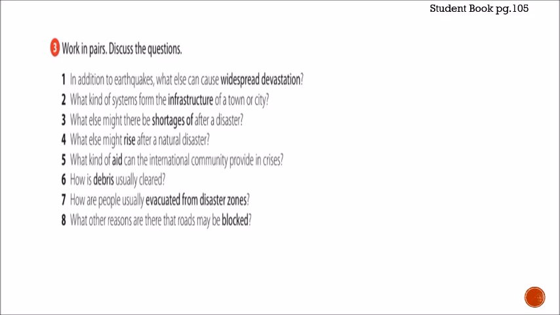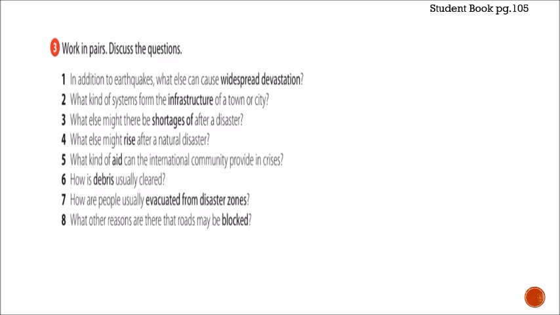Number 4, what else might rise after a natural disaster? So maybe after a natural disaster, poverty can rise, maybe hunger, maybe diseases as well. Contamination, or there can be a lot of things that can cause people to suffer from something.